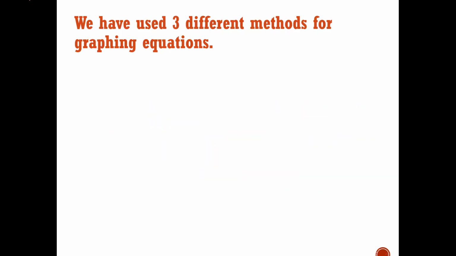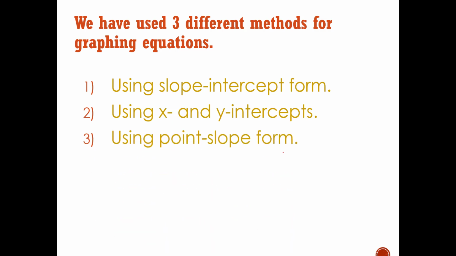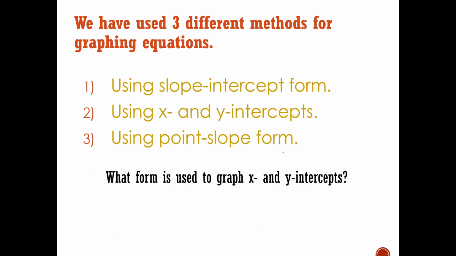Okay. So first of all, let's look at this. We have three different methods for graphing the equations: using slope-intercept form, using x and y intercepts, or using the point-slope form. Right.